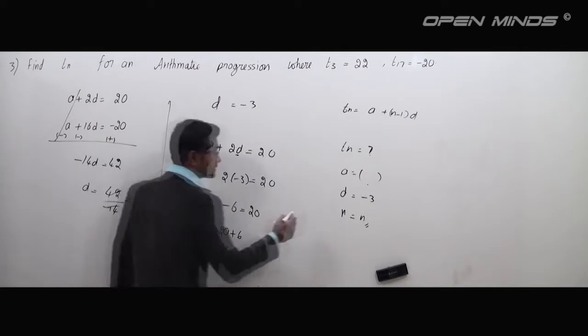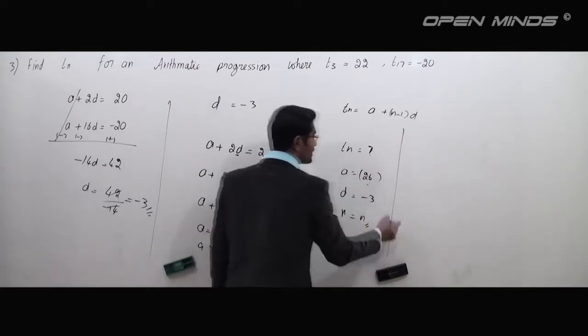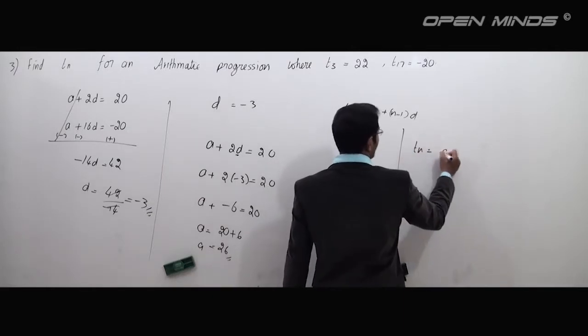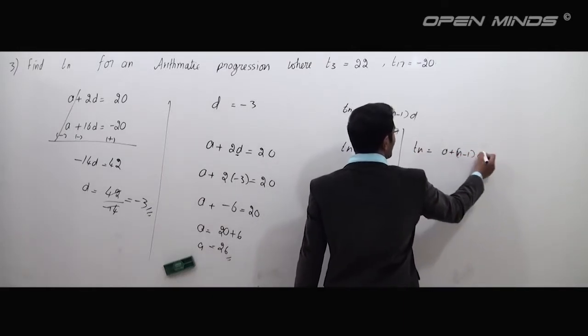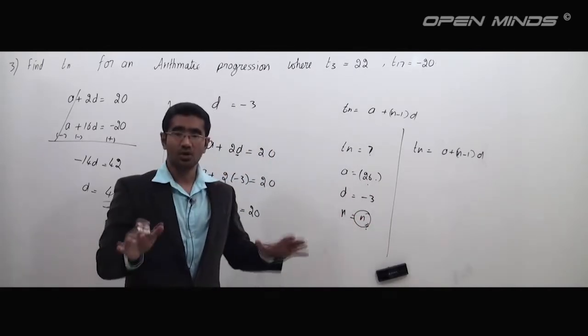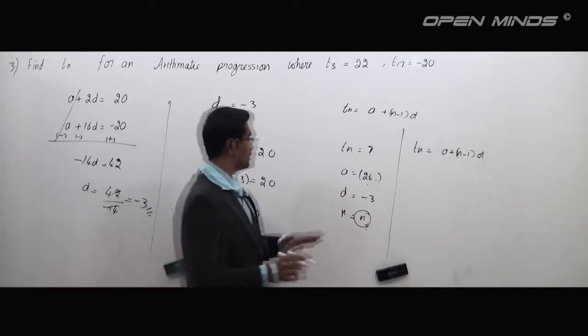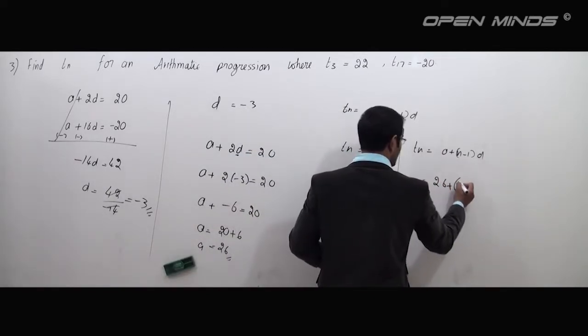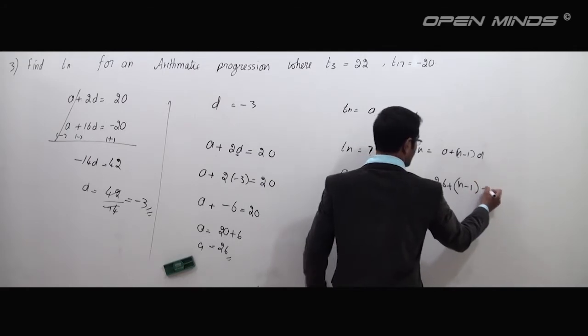So a is 28. So can I now find what is Tn? Very simply, yes. So Tn is given as the same formula, a plus n minus 1 into d. I need to know all these three. N is n itself because I'm talking about the nth term. All right, good enough. So that goes like 28 plus n minus 1 into d, which is negative 3.